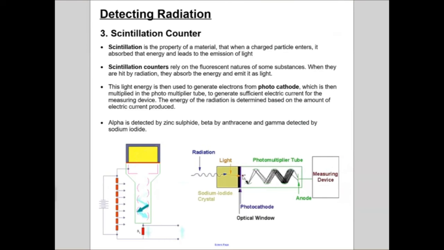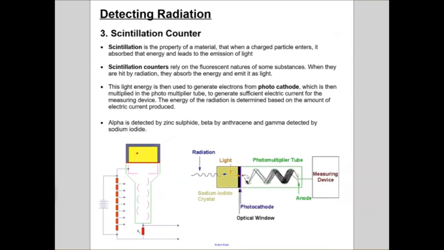So what happens is this single electron, let's say, because of the light, only one electron is produced. This electron will get attracted towards the anode. And when it hits the anode, some secondary electrons are generated. So this electron gets multiplied into two or multiple electrons, because of the collision between the atoms of the anode and this electron.